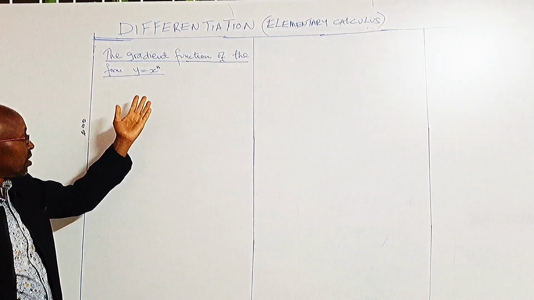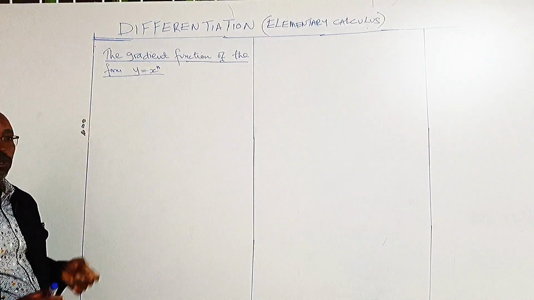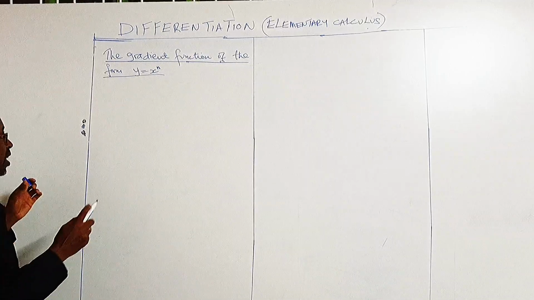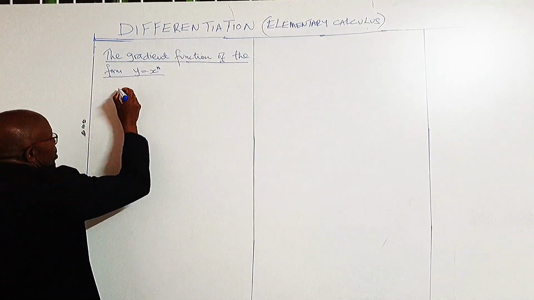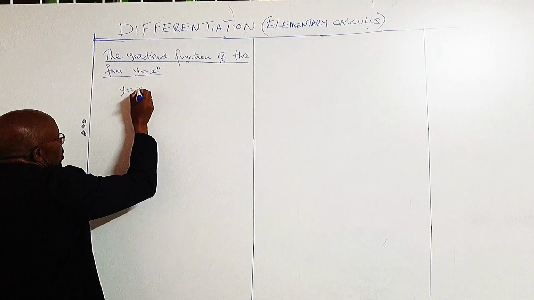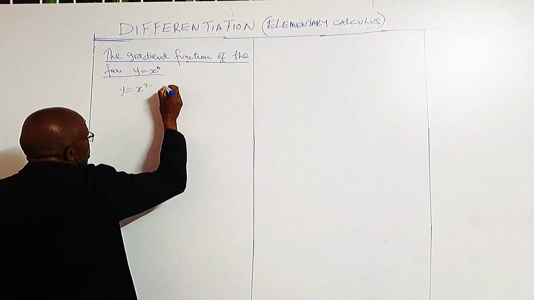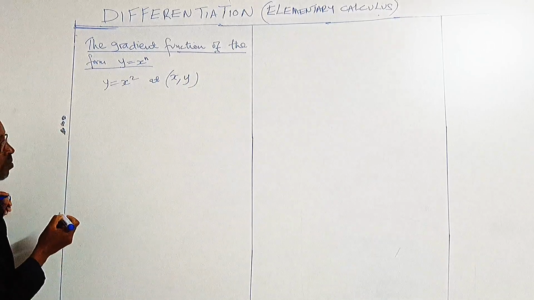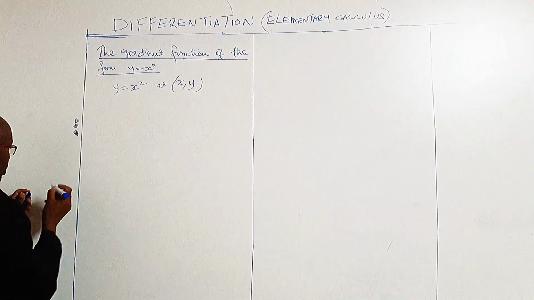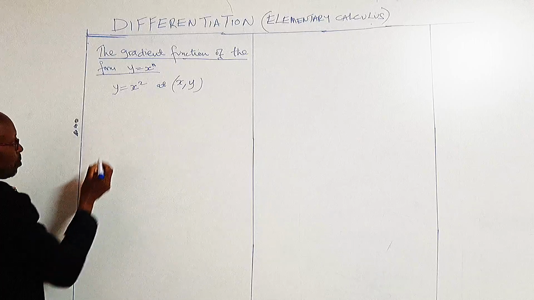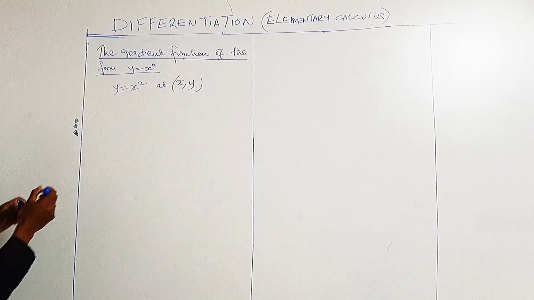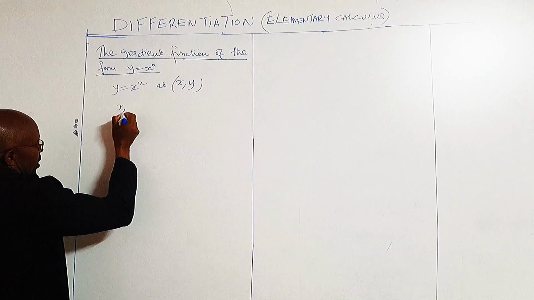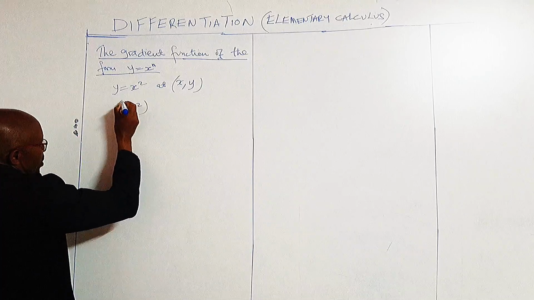The gradient function of the form y equals x to the power n. Suppose we want to get the gradient of the curve y equals x squared at any point x, y. It follows that any point on the curve will be denoted by the coordinates x, x squared.